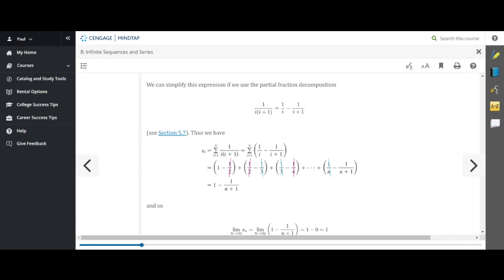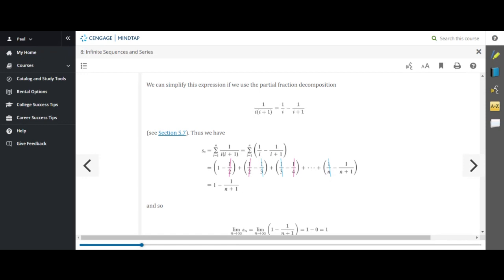Excellent. Oh, and now, Sophie had a question. Sophie says, why don't you mention that if the terms don't approach 0, it definitely diverges? Well, yeah, if the terms don't approach 0 in your series, if they don't get smaller, the series will diverge.